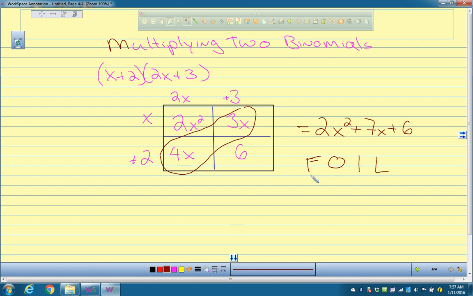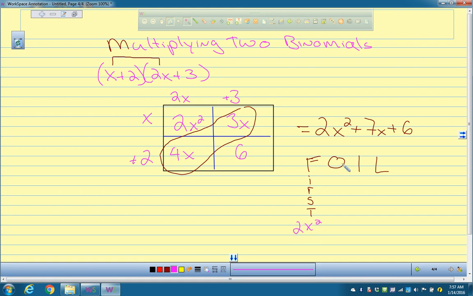FOIL stands for first. First means I multiply the first terms of both binomials. So x times 2x. So the first in this case would have been my 2x squared.